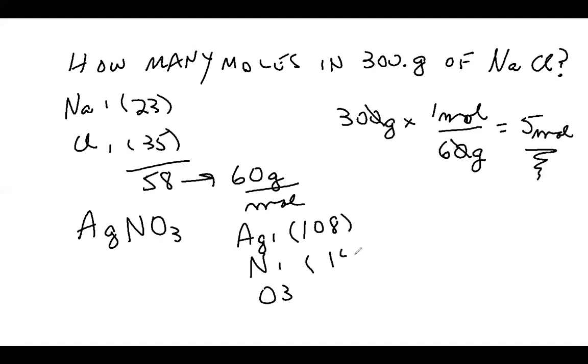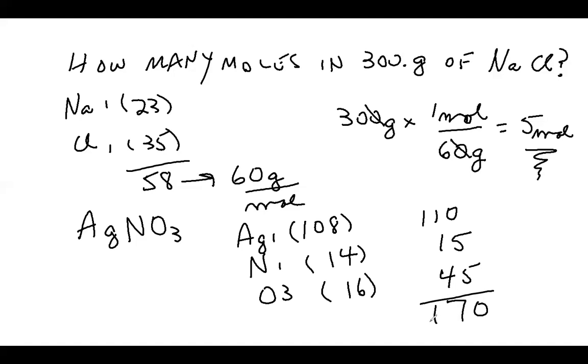The nitrogen is 14.01, make that a 14, and then oxygen 16. This 108, you know what, I'm going to make that 110 to make this even easier. Plus, I'm going to make 14 into 15. I'm just going to keep everything with 5s. And then 3 times 15, say, is 45. Just so I can really make this easy. 110 plus 45 is 155. Close enough for calculations that you'll need on the multiple choice section.